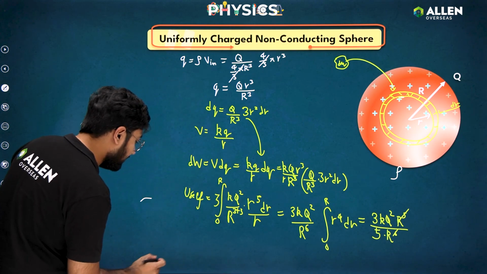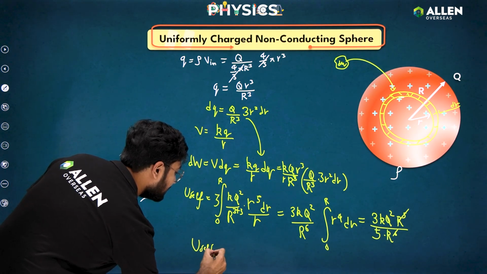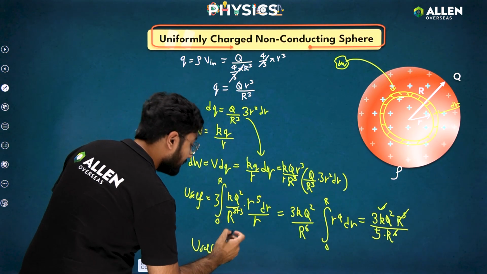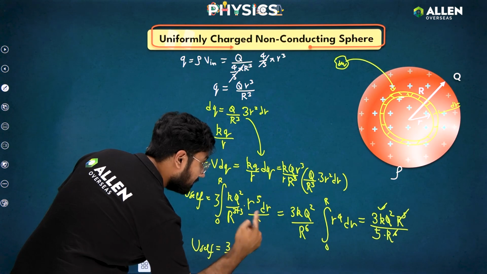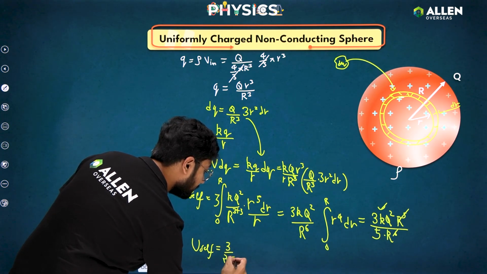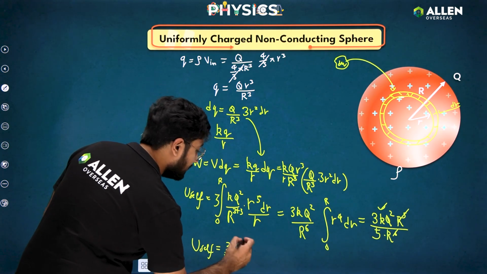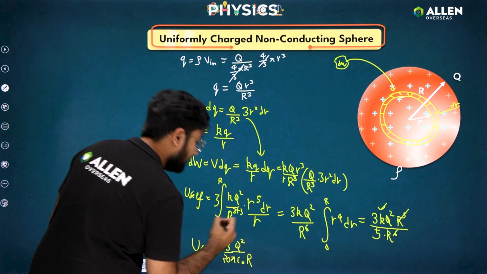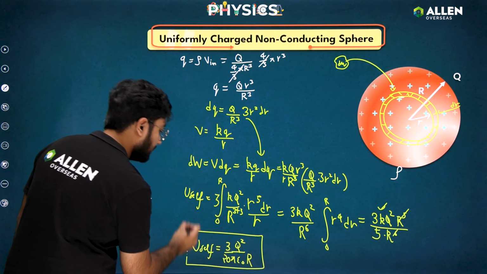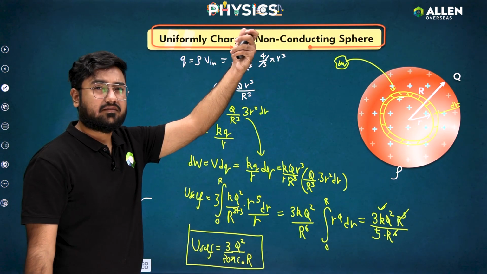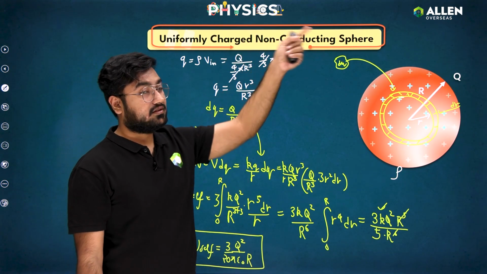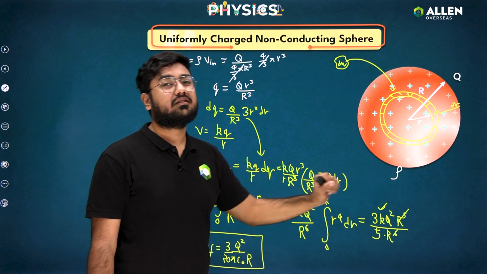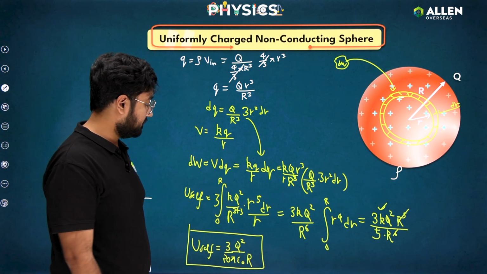And finally, the self energy, if you open up k as 1 over 4 pi epsilon naught, this thing will be equal to 3 by 4 times 5, that is 20 pi epsilon naught, q squared by R. This is the self energy for the solid sphere, non-conducting solid sphere. You are going to get the same result using the electric field energy as well.